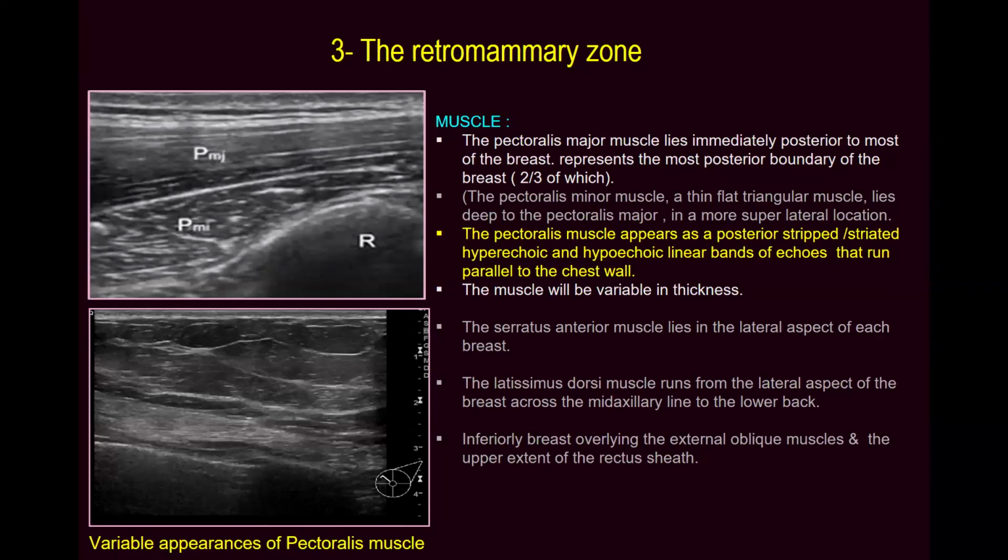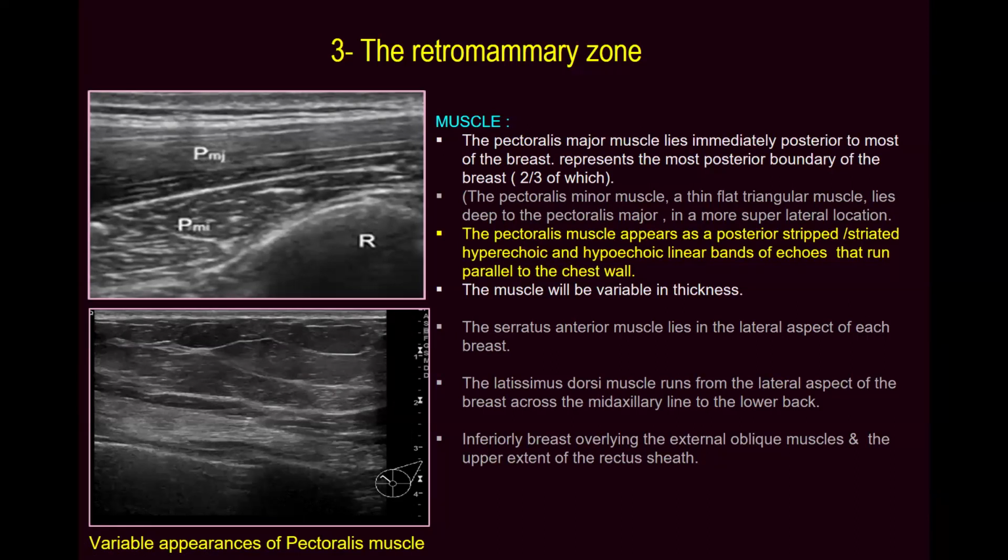As you know, two-thirds of the breast rests posteriorly on, or is bounded posteriorly by, the pectoralis major. And the pectoralis minor is posterior to the pectoralis major, posterolateral, okay? And seems to be a triangular structure.